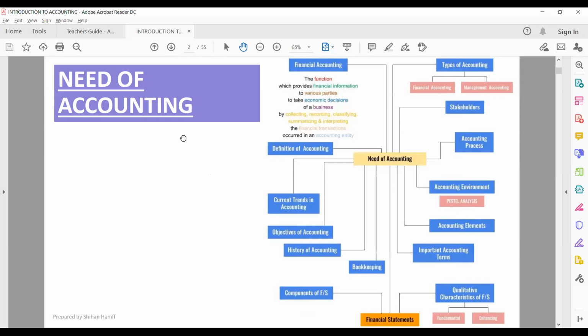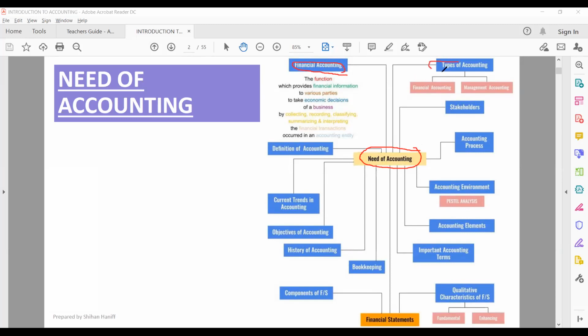The main chapter is the need of accounting. In this chapter, the first thing we need to know is what is meant by accounting, the definition.